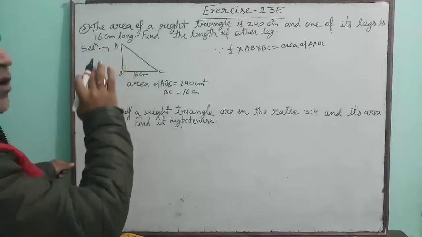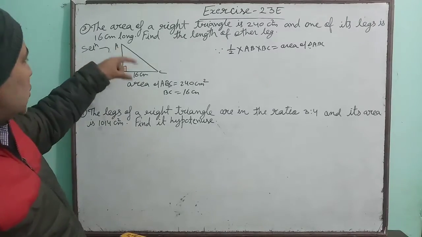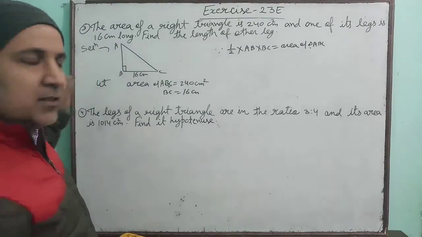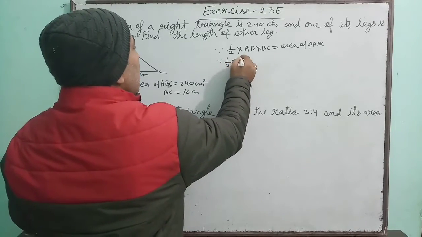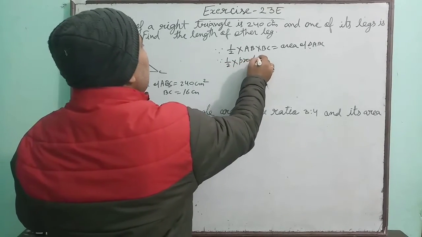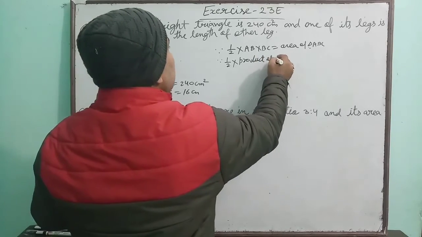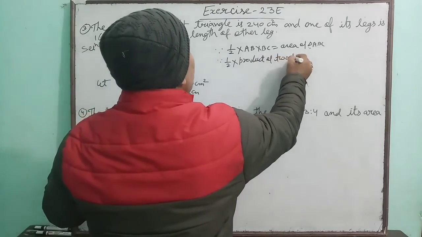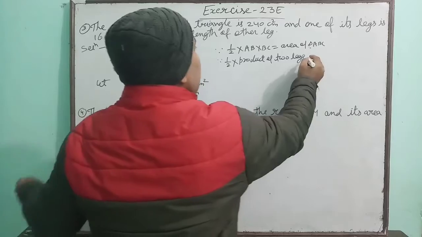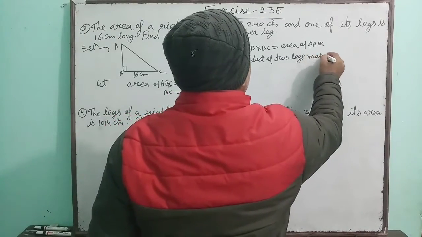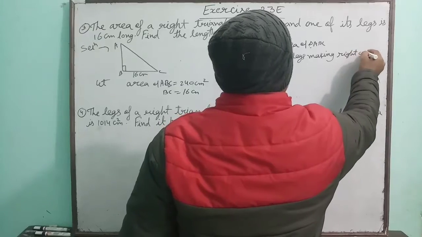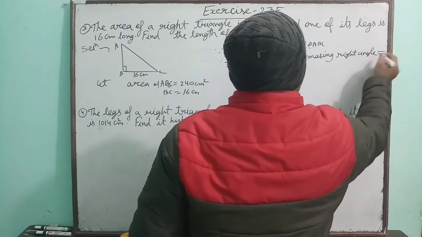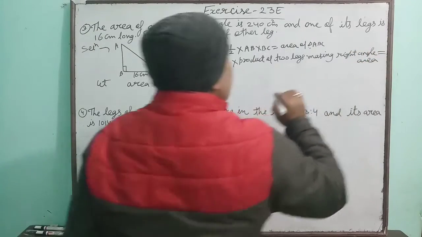If you don't want to write these statements and draw this triangle, then directly you can write since 1 by 2 into product of two legs making right angle will be equal to area.